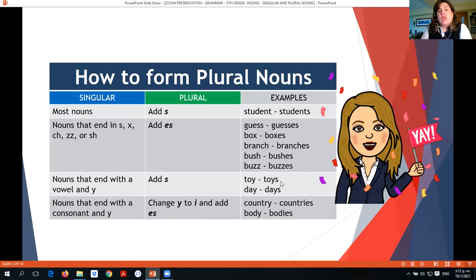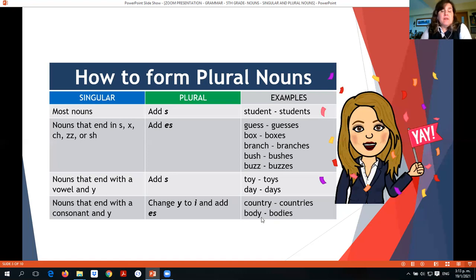For example, you say toys. You have the word day and you say days. But if you have the word country, you have here a consonant before the Y. And in this case, you have to take out the Y and replace it with an I and ES, countries.